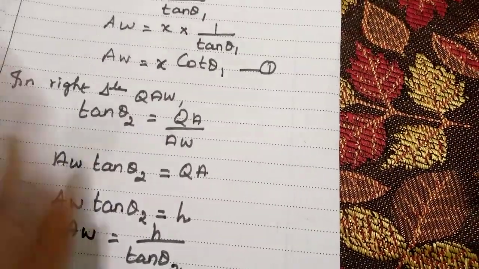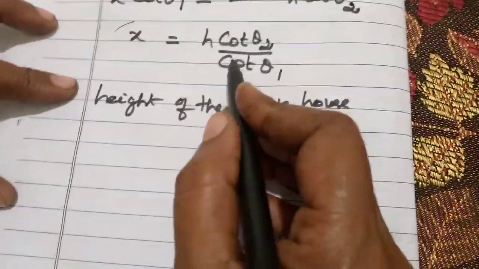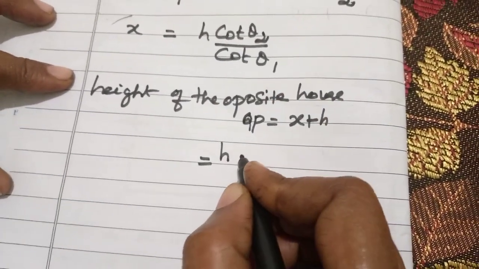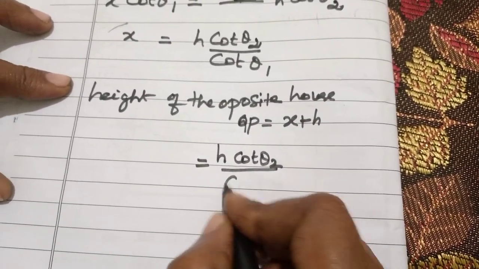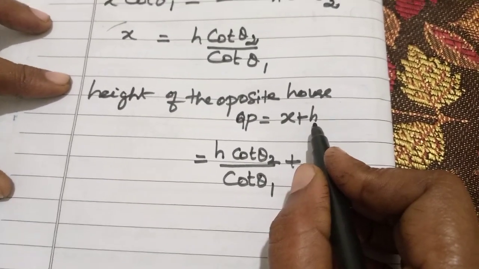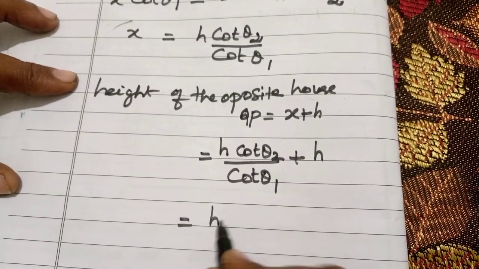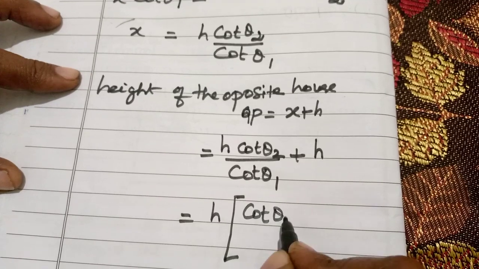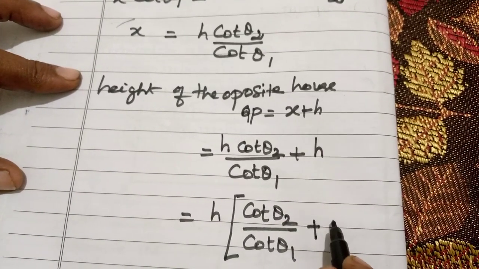What is the X value we have? X is equal to height cot theta 2 by cot theta 1, plus this height. From here take the height commonly outside: height into cot theta 2 by cot theta 1 plus 1.